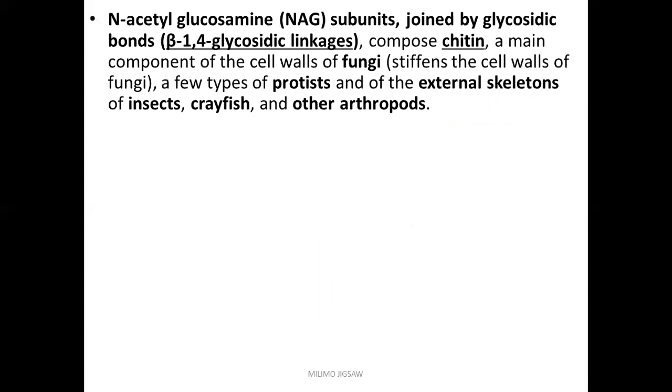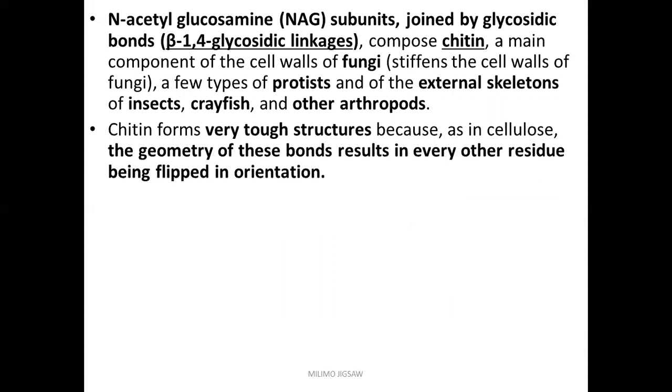So those N-acetylglucosamine subunits will be joined by glycosidic bonds, which are beta 1,4 glycosidic linkages. Remember I said that this is similar to cellulose. So it forms a very tough structure because of the geometry of these bonds, which results in every other residue being flipped in orientation, just like in cellulose.